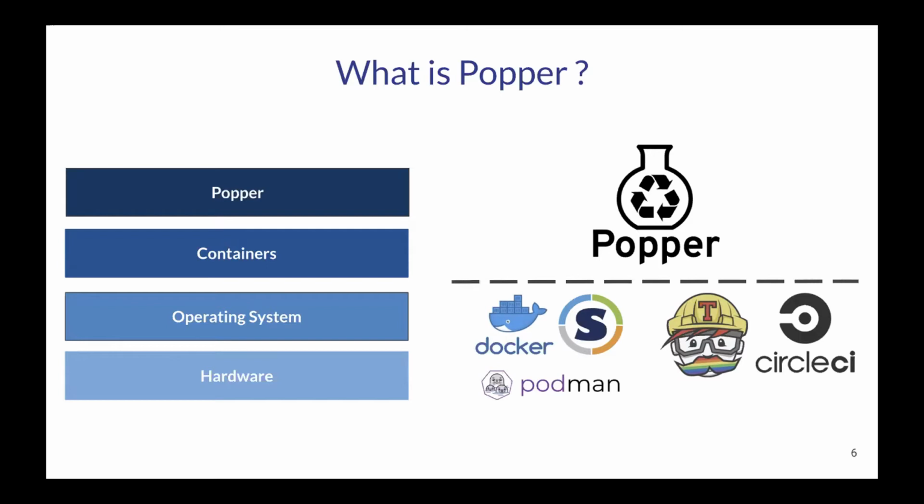It abstracts different container engines for different use cases, like Docker, Singularity, which is used in HPC, in Slurm clusters, etc., Podman for rootless environments, and also CI services like Travis, Circle CI, etc. So it might not be clear what it does, so let me go to the next step.